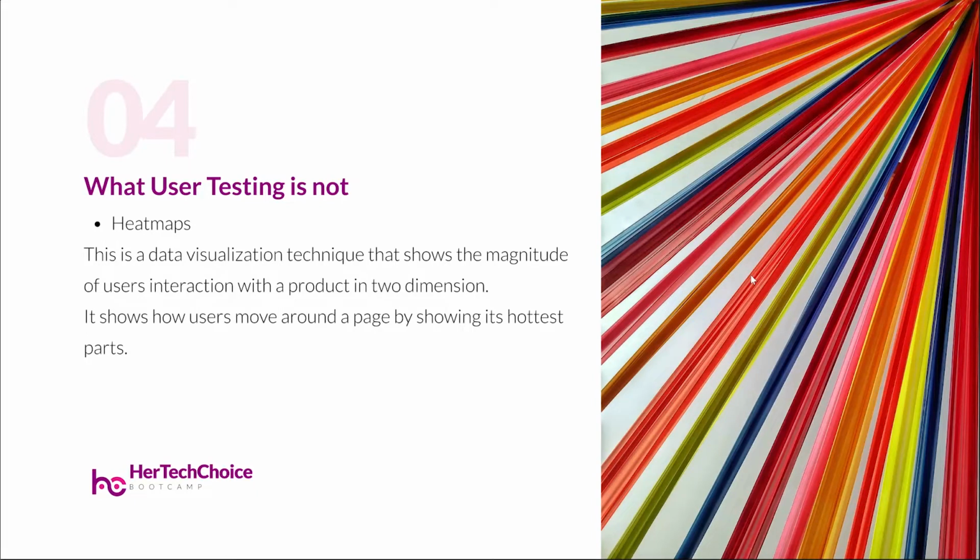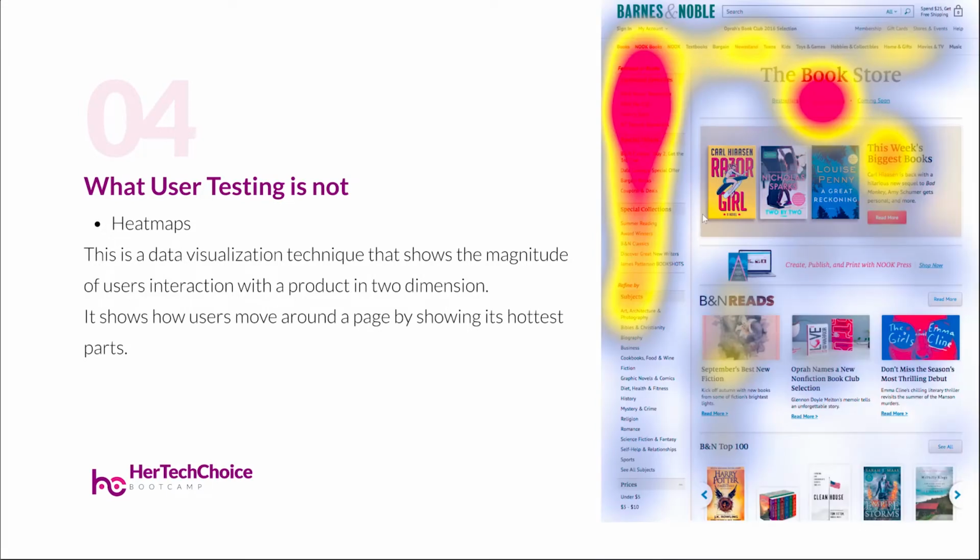Now we move to heat maps. This is a data visualization technique that shows the magnitude of users' interaction with a product in two dimensions. It shows how users move around a page by showing its hottest parts. Here is an example of a heat map on the right, showing the magnitude of user interaction.